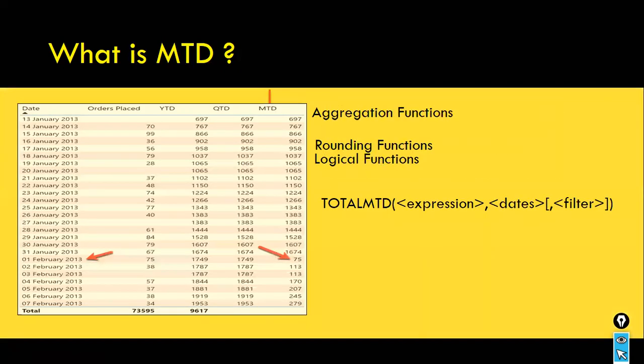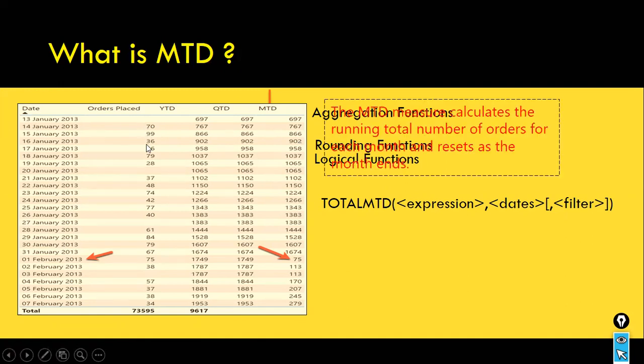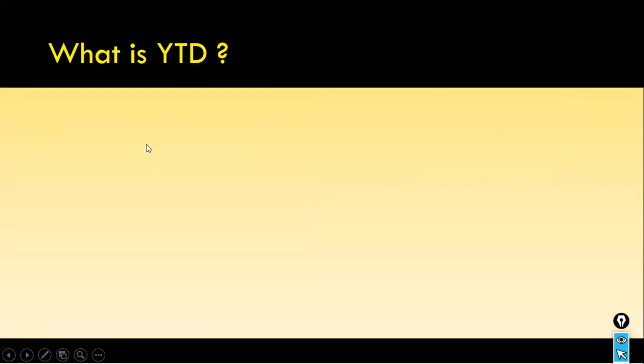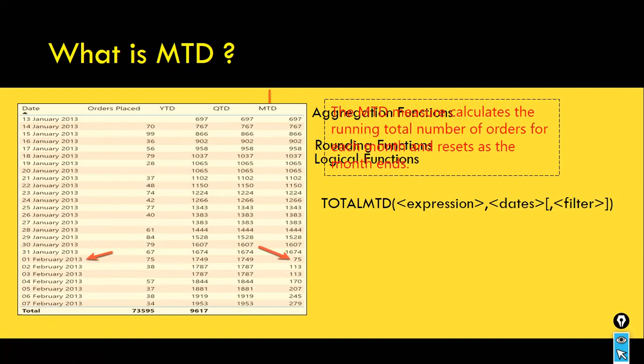So here, if you see what exactly month to date will do, look at these columns, for example, date and orders placed. Here this is 13th January. So your year to date is this one, something like that.